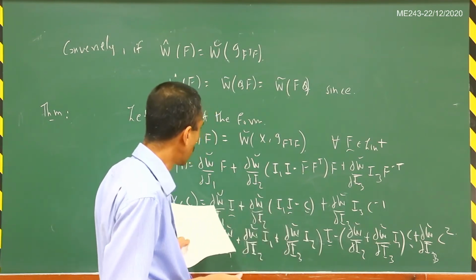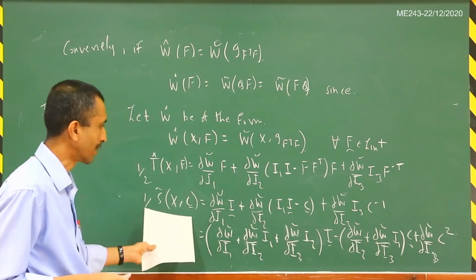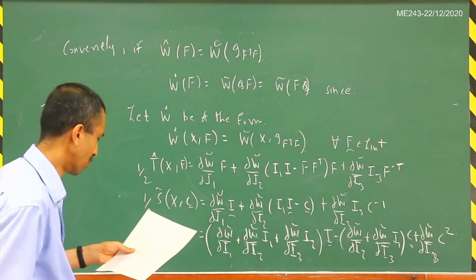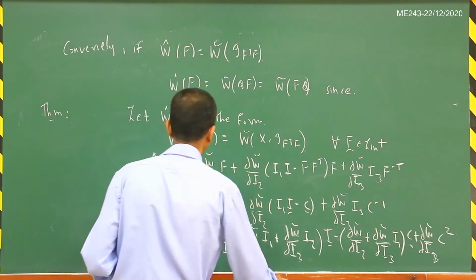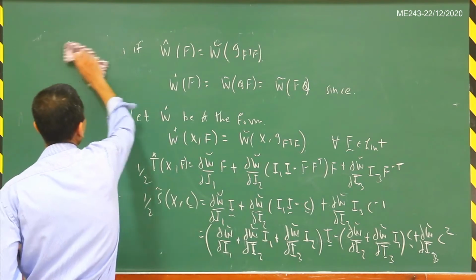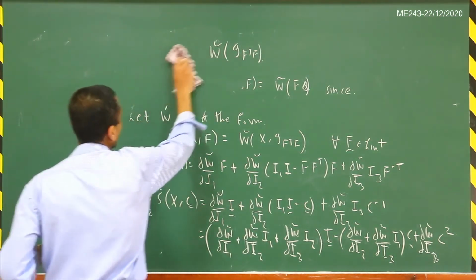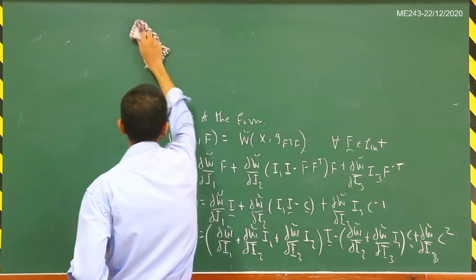So we need to show basically this step and then this particular step. That's all that we need to show. But one more thing before that, we also will give the expression for the Cauchy stress in terms of these gradients here.